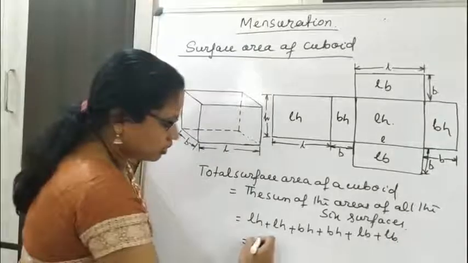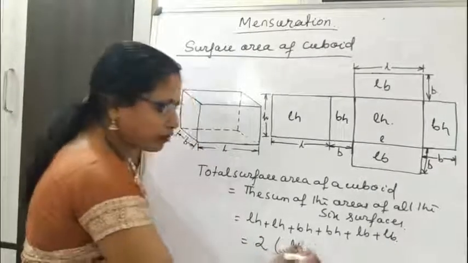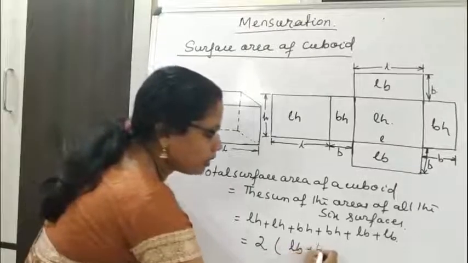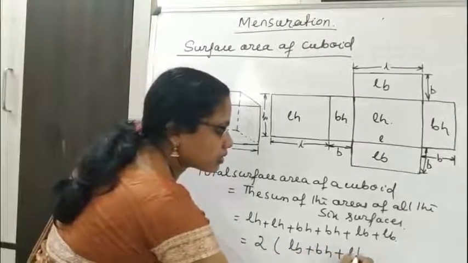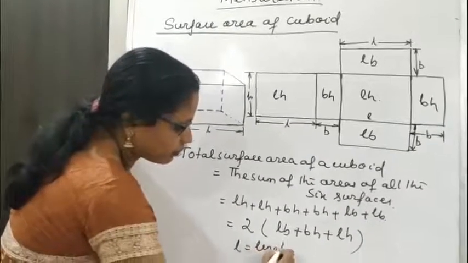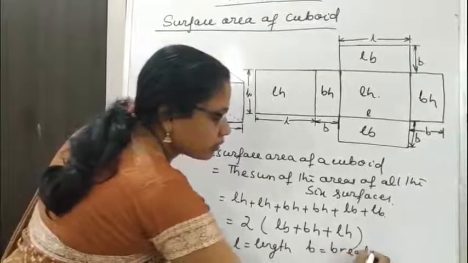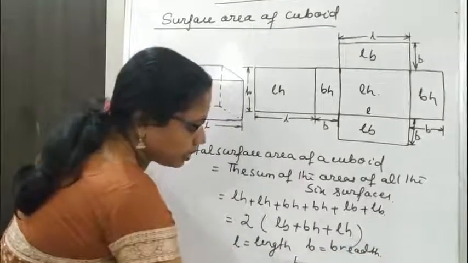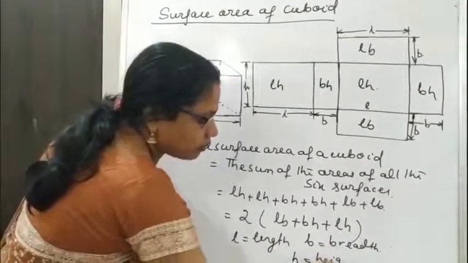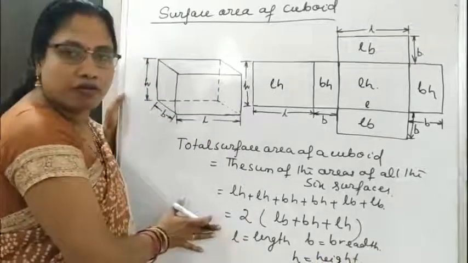That is equal to 2 into, if we write in order, LB plus BH plus LH, where L is the length, B is the breadth of the cuboid, and H is the height of the cuboid. So this is the total surface area of a cuboid.